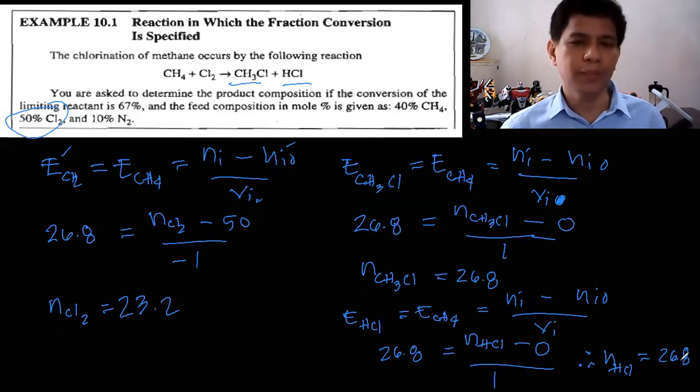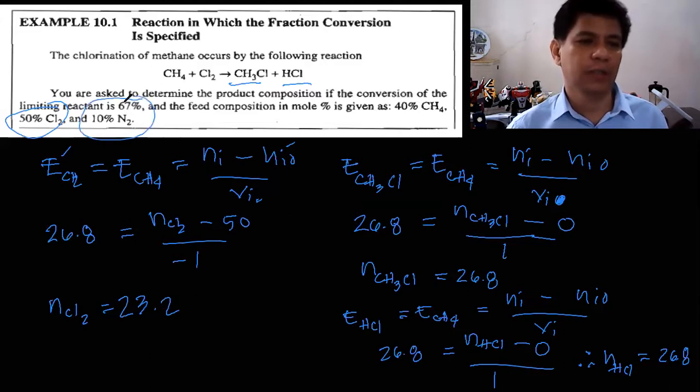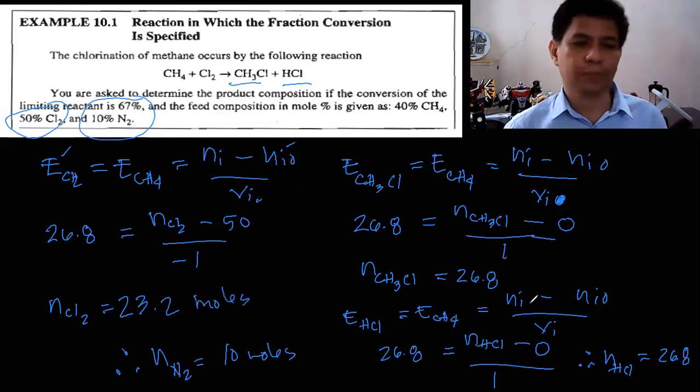When we say product composition, those are the percentages of each chemical species. The nitrogen did not react, so however many entered in the feed is the same number of moles in the product. Therefore, the number of moles of nitrogen is 10. HCl, 20. These are all moles.